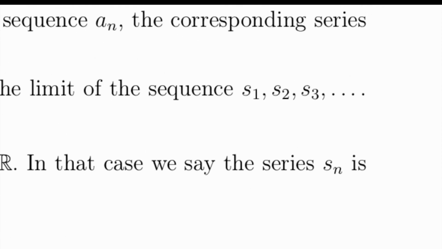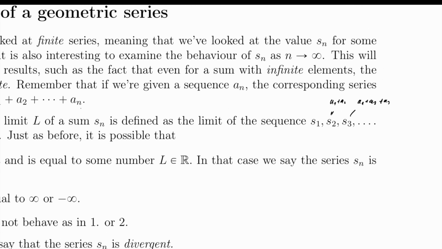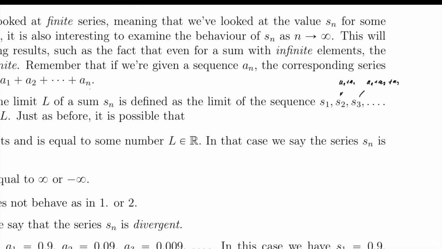Conceptually, we're doing nothing else than taking the partial sums. So S1 is just A1, S2 is A1 plus A2, S3 is A1 plus A2 plus A3, and so forth. And we see if this sequence converges.